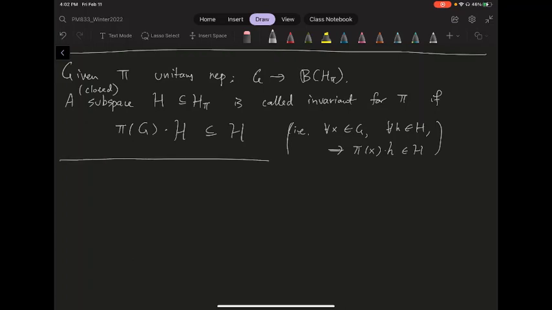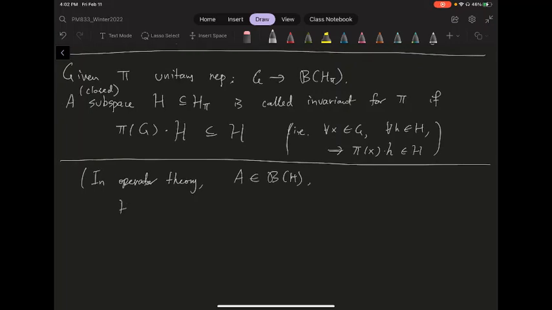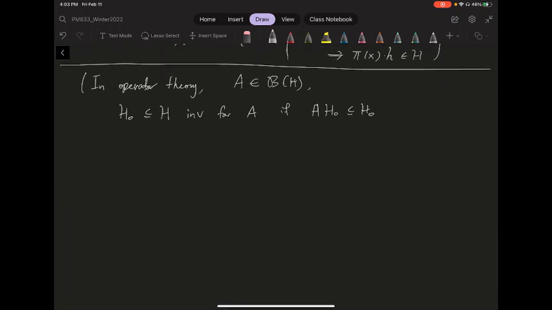So let me briefly remind you of something in operator theory. If you have some operator A inside B(H), and you have H0 contained in H that is invariant for this A, then A times H0 is contained in H0. How do you understand this? Because we're in a Hilbert space, everything can be decomposed as H0 and H0 perp.